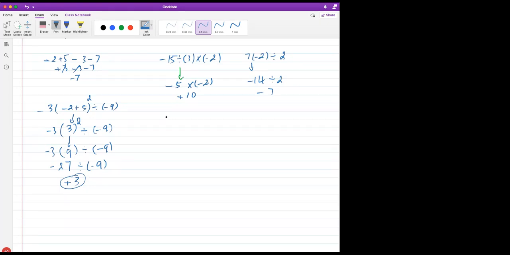Let's do one more here. Say 2, or 12 divided by, and we're going to multiply this by something.